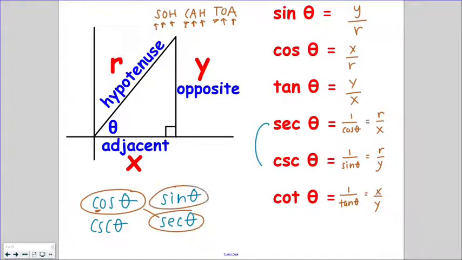Sine does not start with a C, which means it must be paired with cosecant. The same rule applies for tangent as well, but it's just easier to remember tangent. So secant is the reciprocal of cosine, cosecant is the reciprocal of sine.